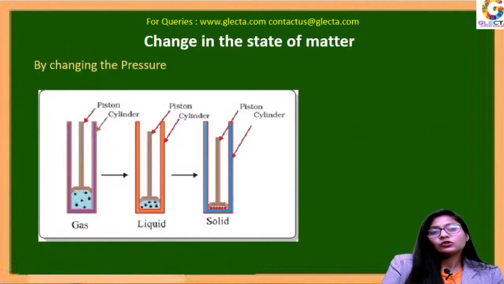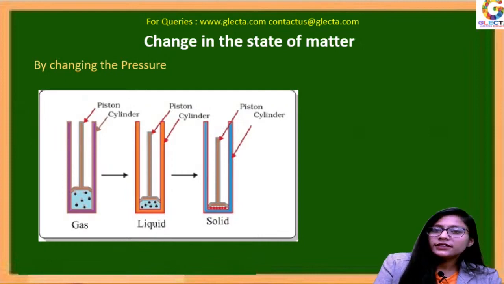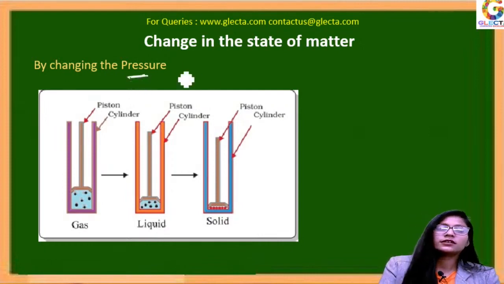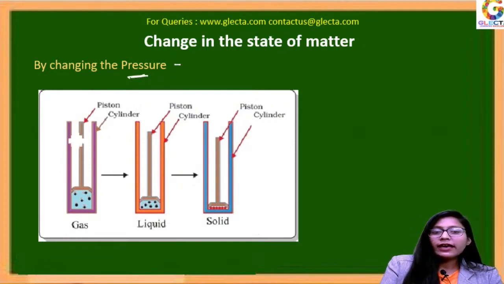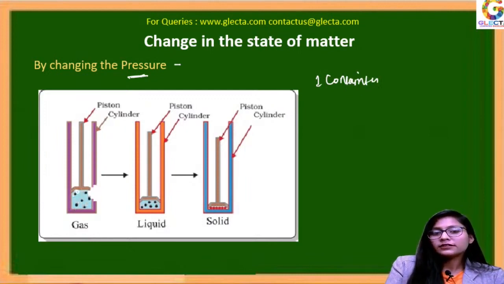As I have told you, we can change the matter in two ways. One is by changing the temperature, and the other is by changing the pressure. Suppose I have one container in which I have particles, which means I have gas.